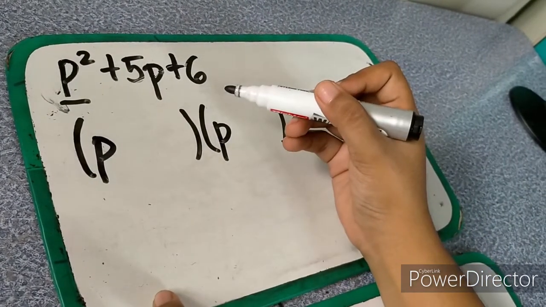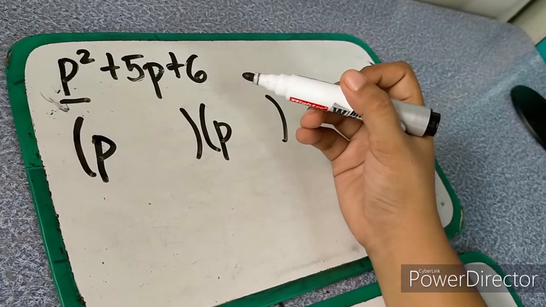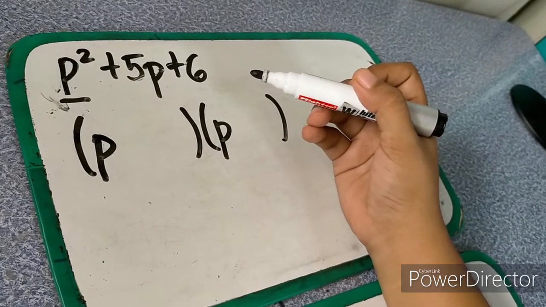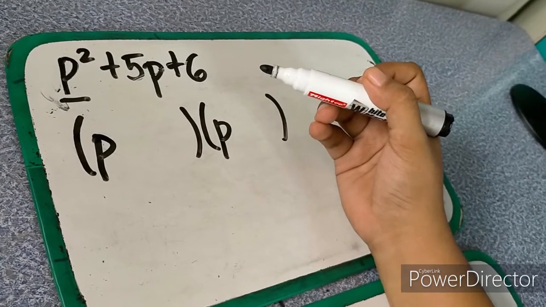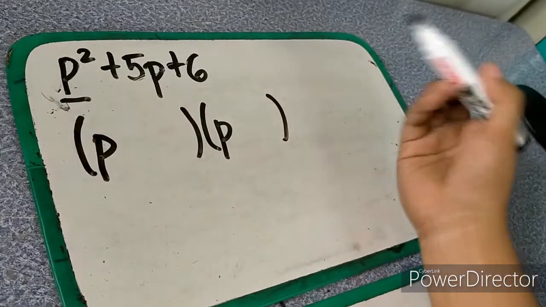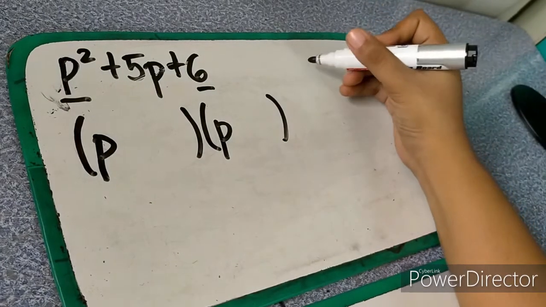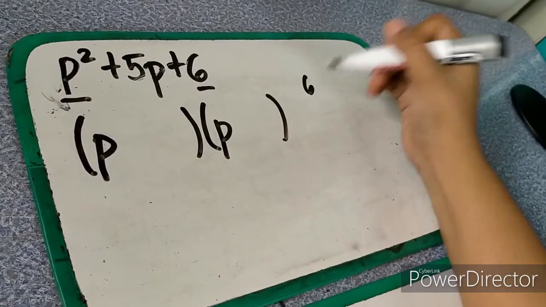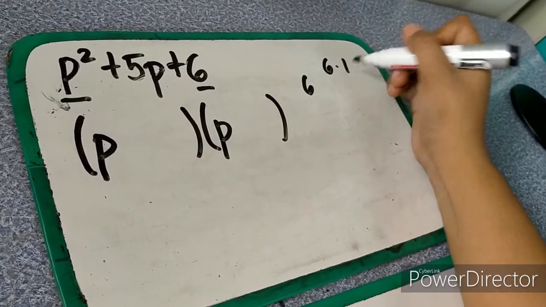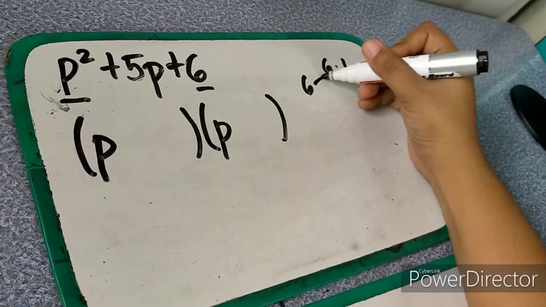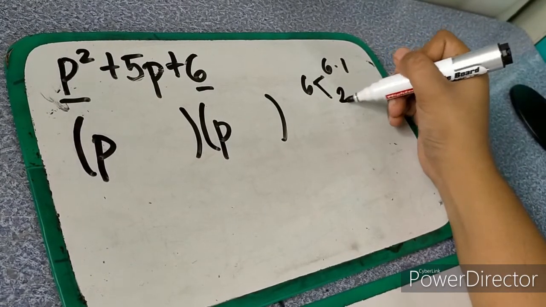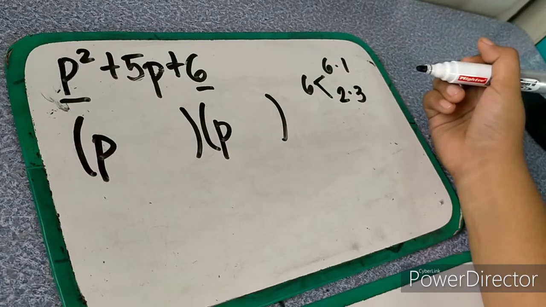How about the next step? Next step, list down all the factors of the last term. Ano ba yung last term natin dito? It is 6. List down its factor. We have 6 times 1 and 2 times 3.